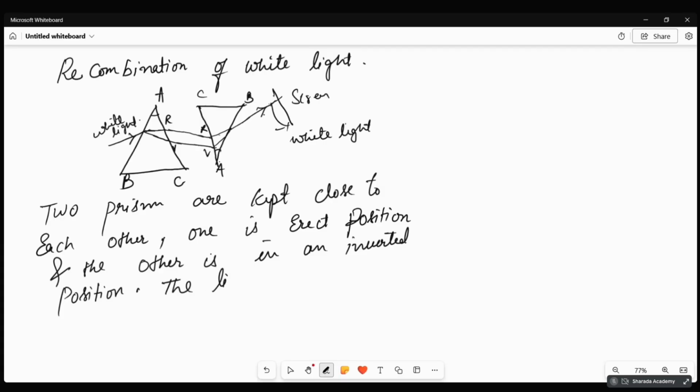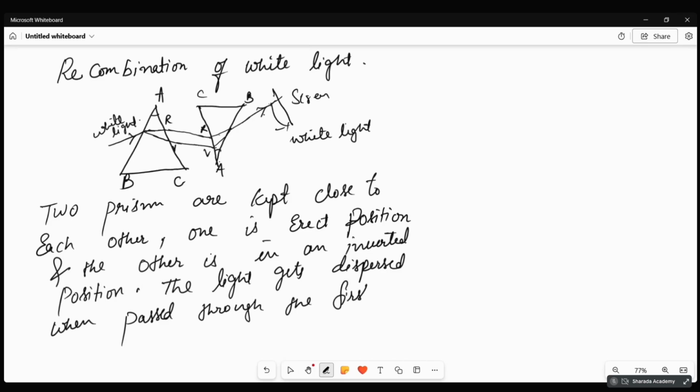The light gets dispersed when passed through the first prism.